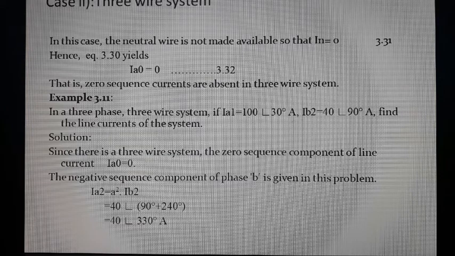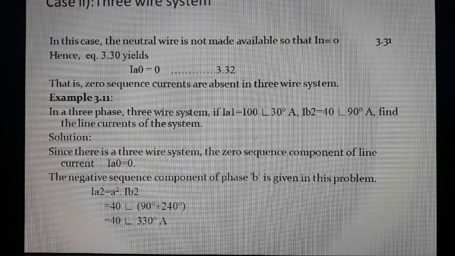IA1 is given, IB2 is given, then IA2 can be found, where IA2 is equal to A square IB2. A square is 1 at an angle 240, and IB2 is 40 at 90, so adding the angles, we get 40 at an angle 330 degrees. So we can find IA2.